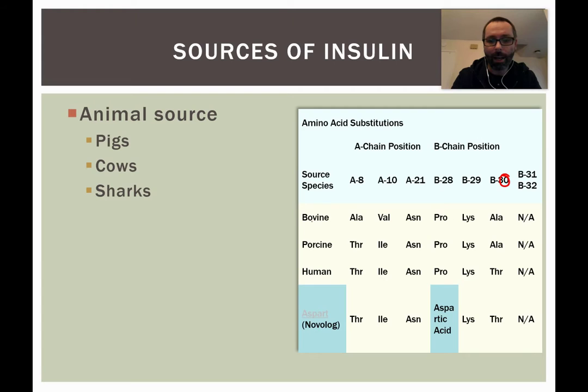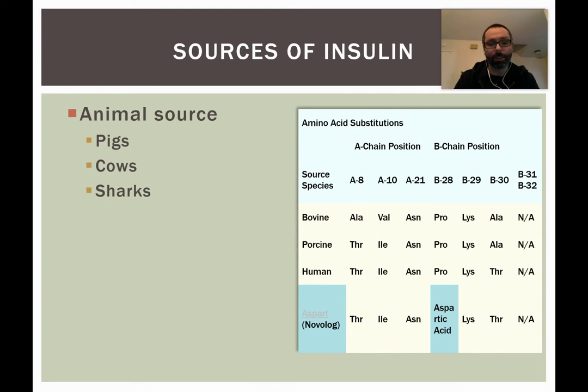Cow's not as good. The cow has 3 differences from the human, right? So it doesn't work as well, but it still does work. I don't have any information on the sharks. I would imagine it would have even more differences than the cow did.